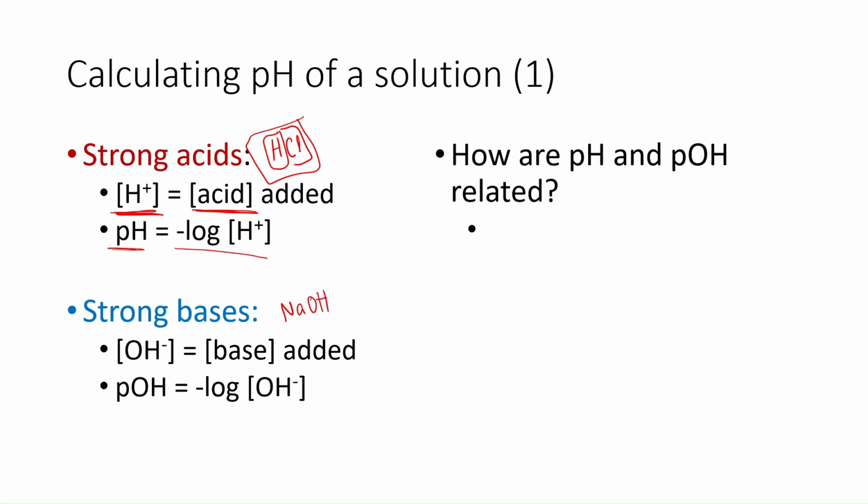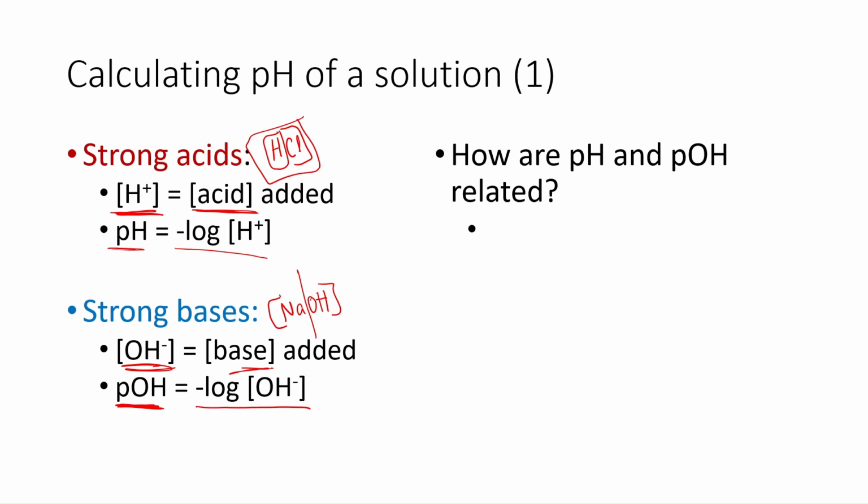The concentration of sodium hydroxide that you add to a solution is the same concentration of the hydroxide ions that will dissociate, because it's a strong base, so it will fully ionize. And similarly, you can calculate the pOH by taking the negative log of the concentration of those hydroxide ions.